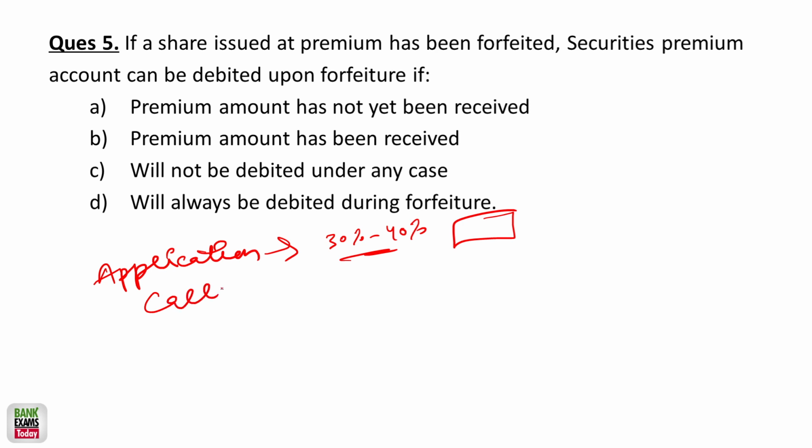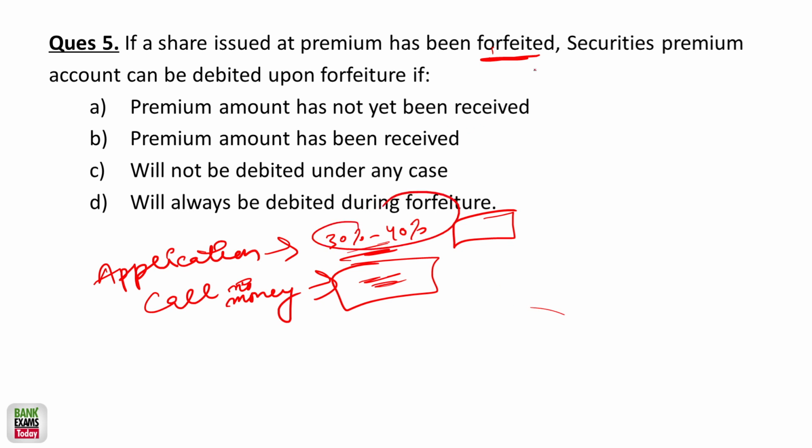And then there is call money to get the rest of the amount that the investors need to pay. So in case an investor does not pay the call money, what will happen? His share would be forfeited or taken back. He won't be a shareholder at all. That is what we call forfeiture.